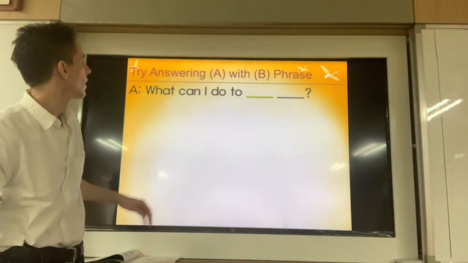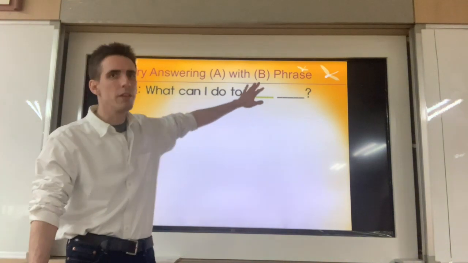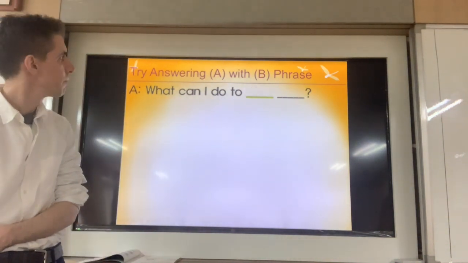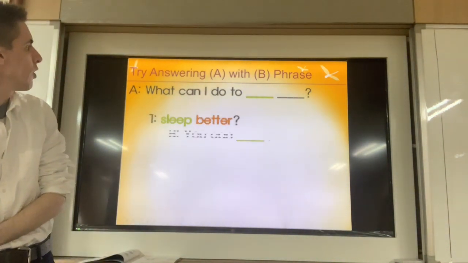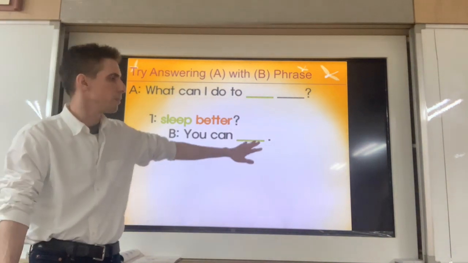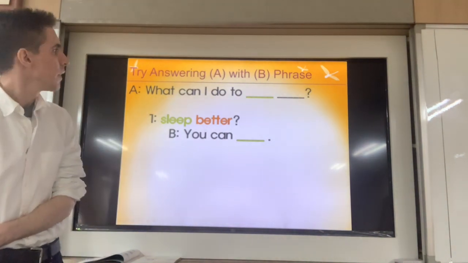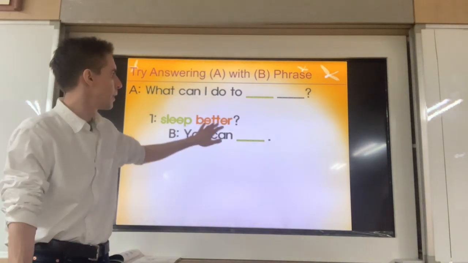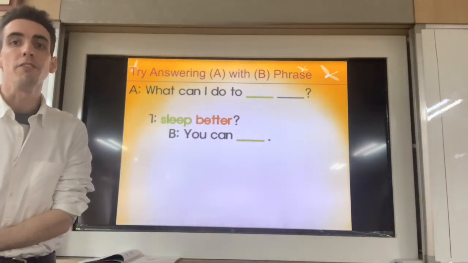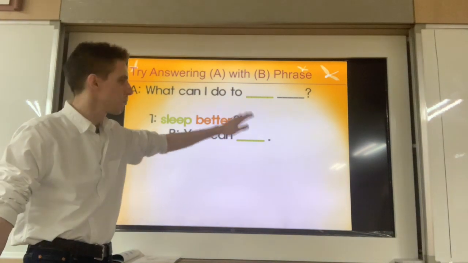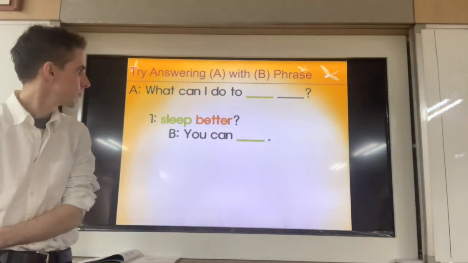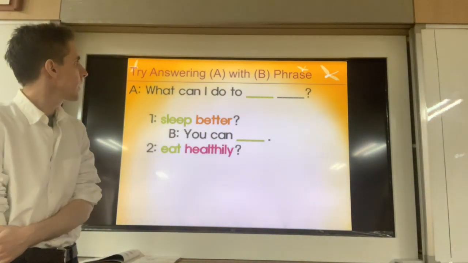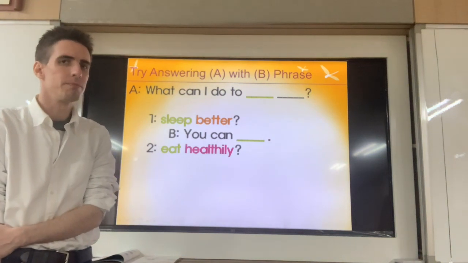Okay, so let's answer with B phrase. So, we need a verb. So, if our question is, what can I do to sleep better? We need the B phrase, you can blank. What can I do to eat healthily?